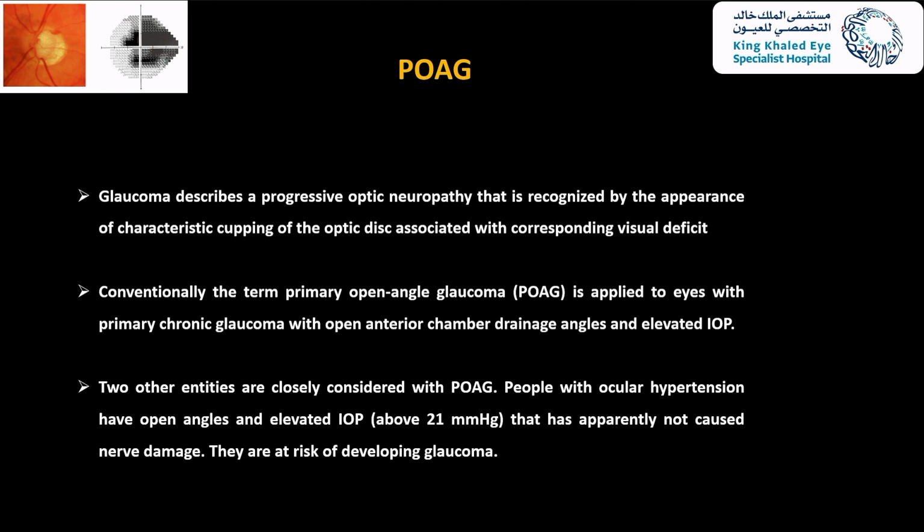If the pressure is still within normal, you can label the patient as normal tension glaucoma, but we have another entity, we call it ocular hypertension, if the pressure is high but there is still no obvious structural or functional damage to the optic nerve.